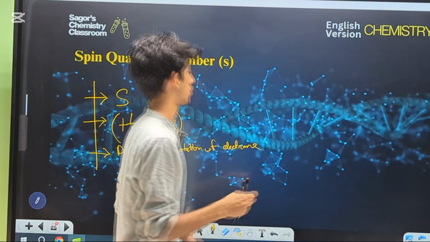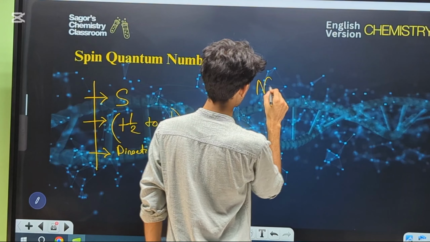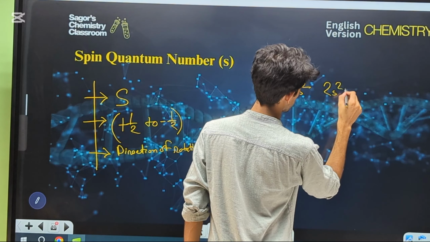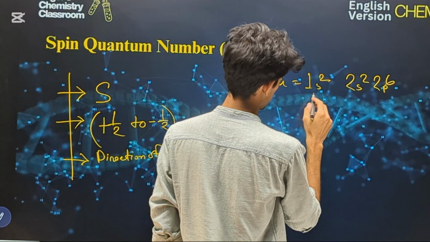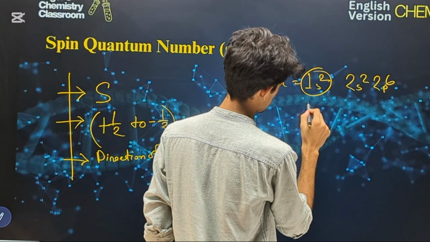If I write the electronic configuration of any atom like sodium, the s orbital doesn't have any division because the value of l is 0.